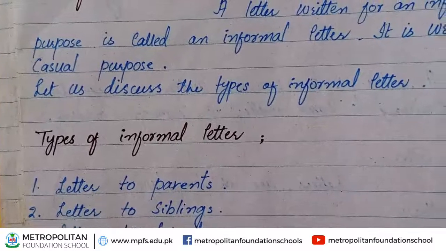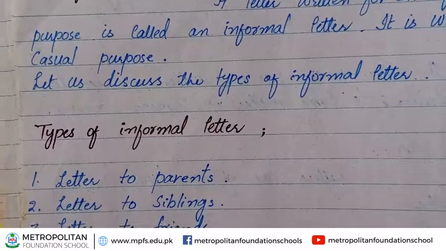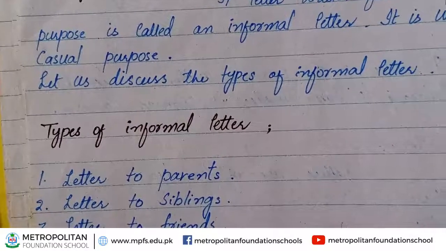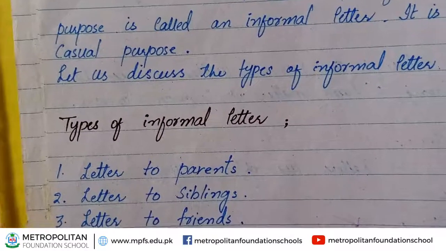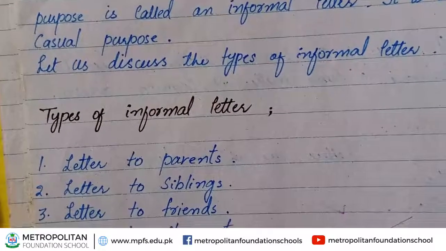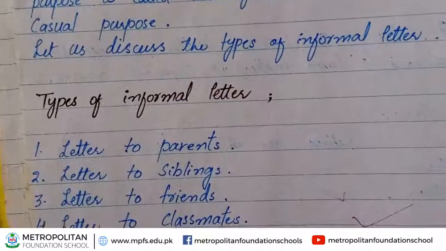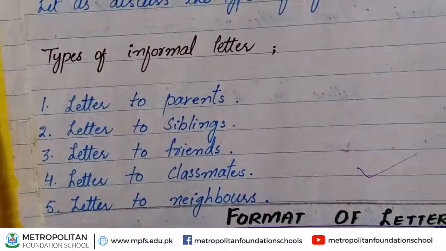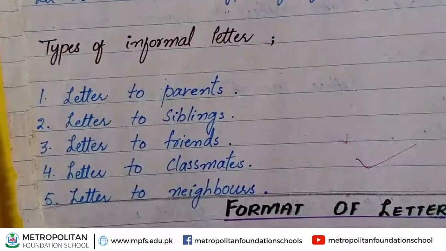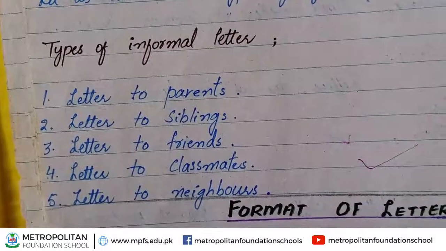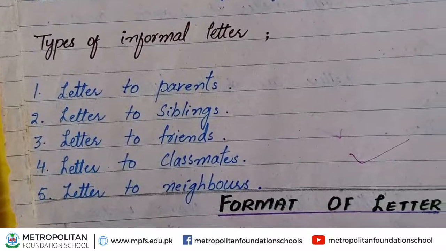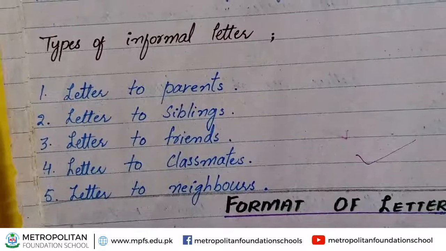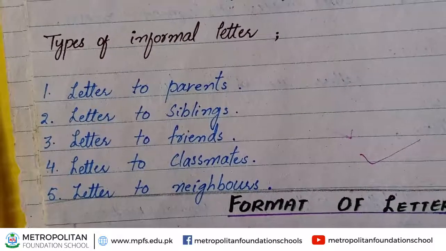Let us discuss the types of informal letter. As I defined before the types of formal letters, now we are talking about the same. Informal letters also have types. So let's move on to the types of informal letter. How many types of informal letter are there? Here we have just 5 types of informal letter. First is letter to parents. Second, letter to siblings.